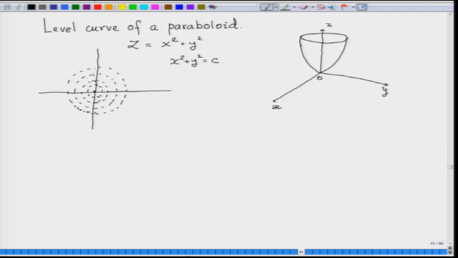Let us fix this particular value of z, say z naught, and then take a plane which is perpendicular to the z axis and cut at that point. The intersection would be a circle.